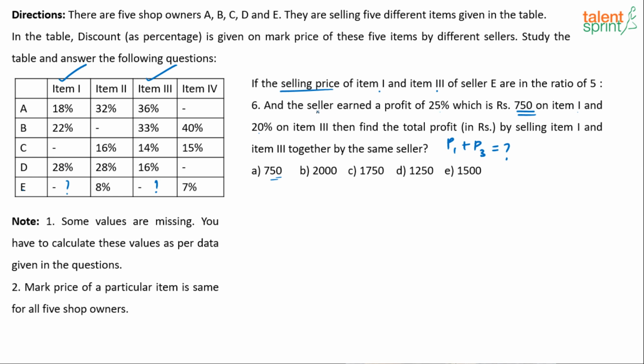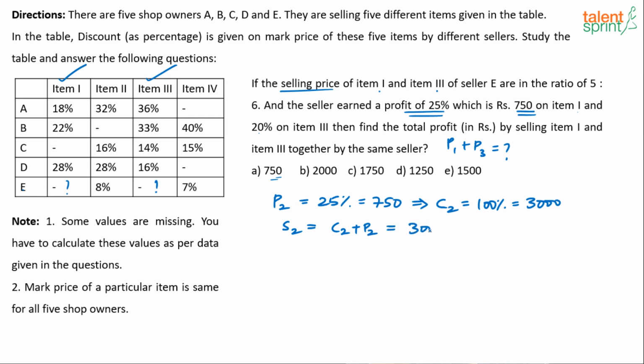So it's simple. Profit on item 1 is equal to 25%, which is equal to 750. From this, I can say that cost price of item 1 is, cost price is always 100%. So if 25% is 750, 100% will be 3000. So basically selling price of item 1 is cost price plus profit, which is 3000 plus 750, 3750.